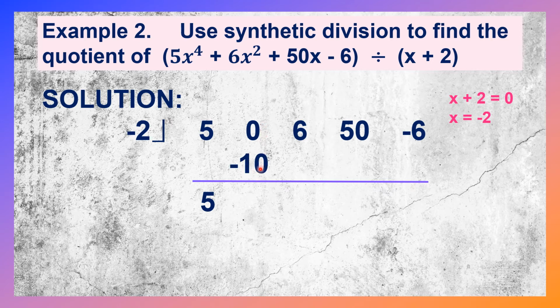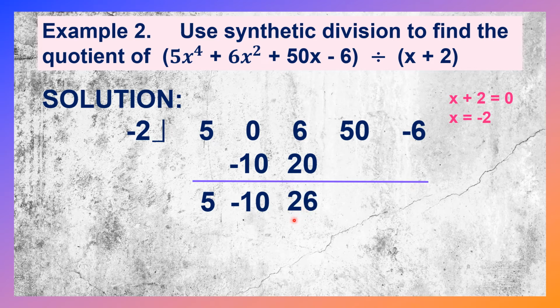Then, add 0 plus negative 10 equals negative 10. Then again, multiply negative 2 to negative 10. So, we have positive 20. Then add 6 plus 20 equals 26.